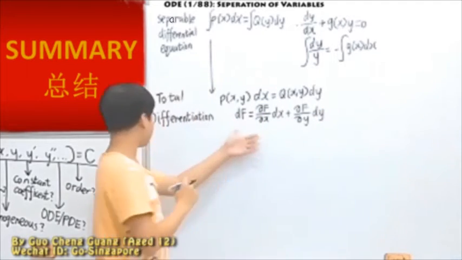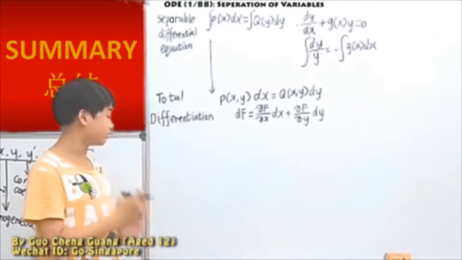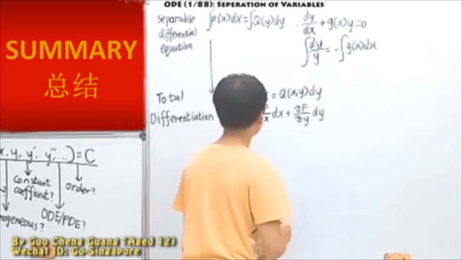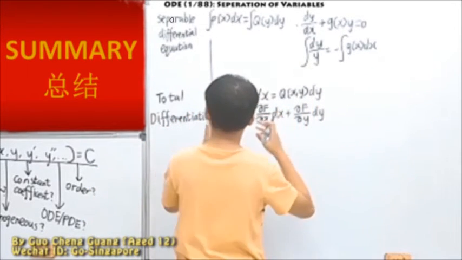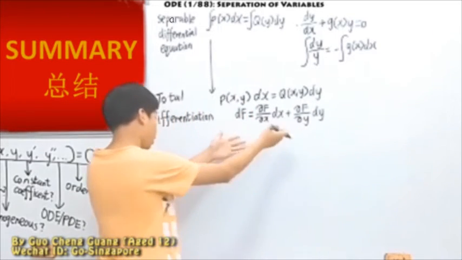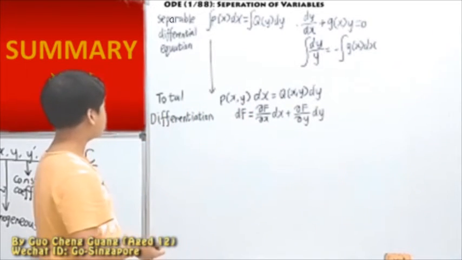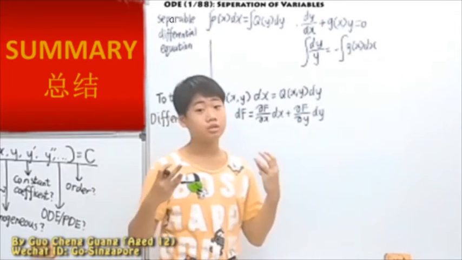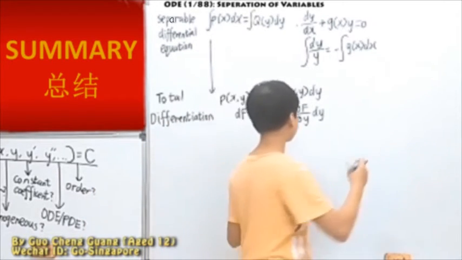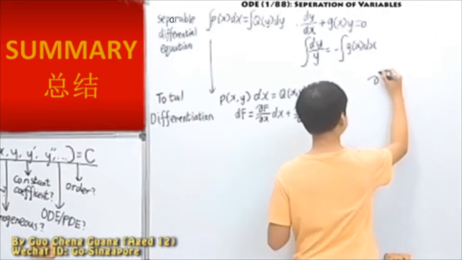So this is the form of the total differentiation. For all these different parts, we can try to change it into some form like this with f. But there is another condition that we must satisfy. Okay, let me just write it out.